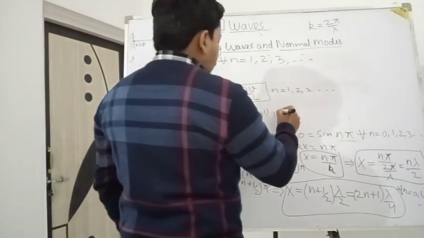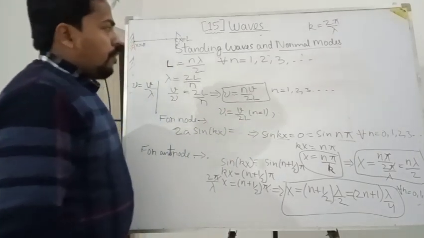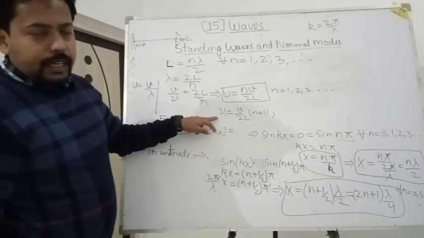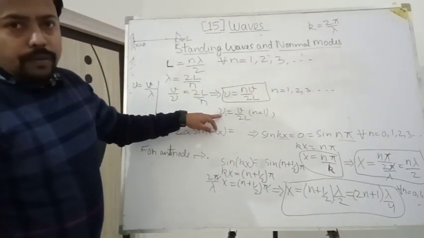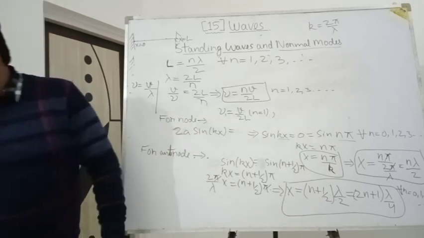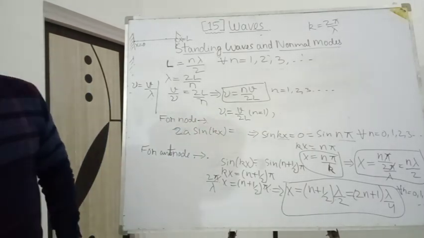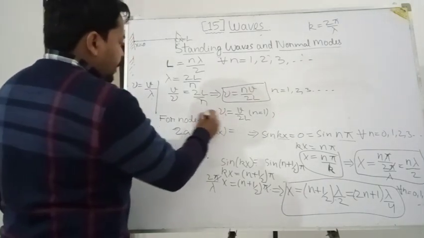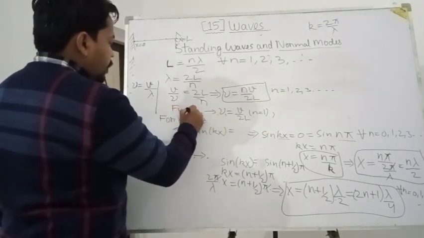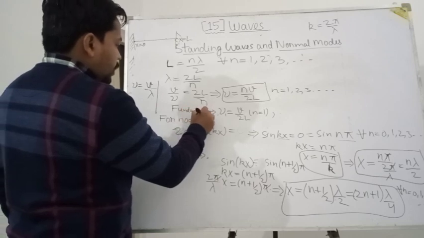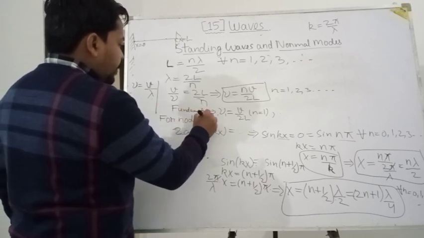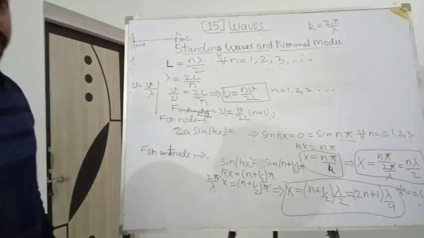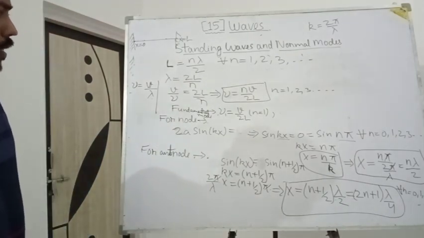This is the frequency of the first mode, also known as the fundamental mode of the oscillation, or one can say this is the first harmonic, for n equals 1.